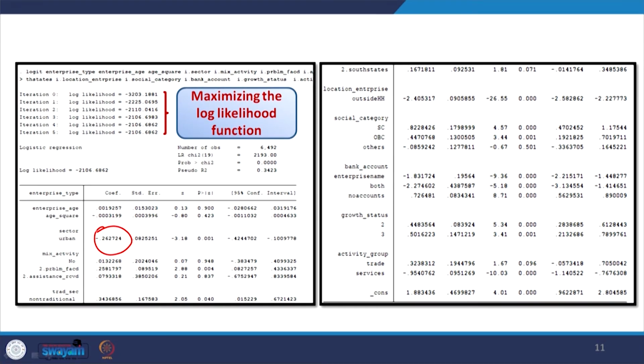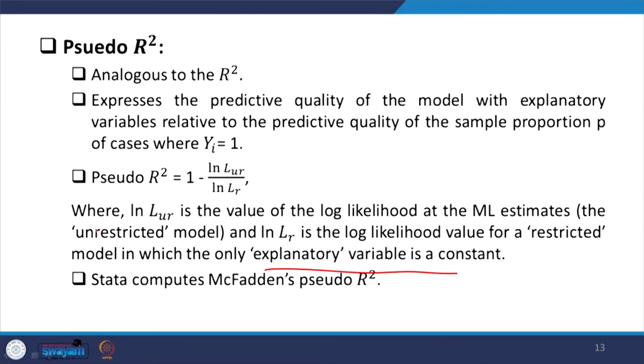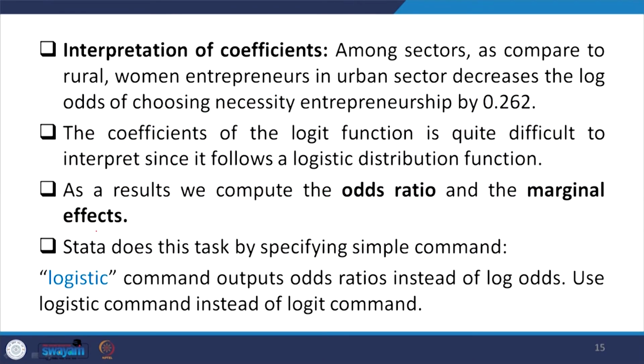That means a woman entrepreneur being in an urban area is negatively linked to being a necessity entrepreneur, with a coefficient of roughly 0.263.